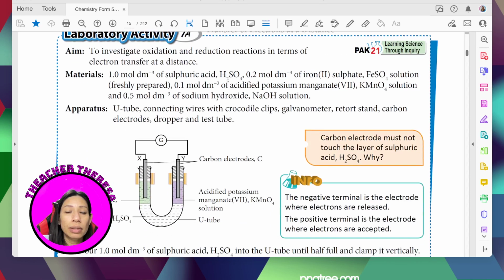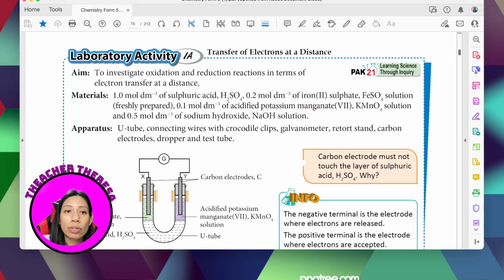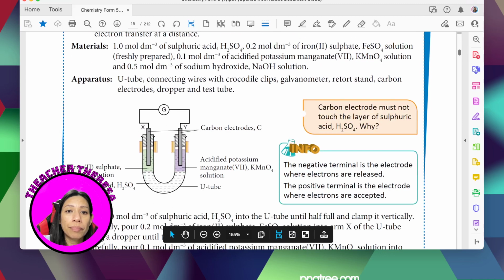To further prove electron transfer, this is an experiment conducted in the lab. This is called transfer of electrons at a distance because we use a U-tube. The U-tube consists of two different solutions. One solution undergoes oxidation, and the other one undergoes reduction.